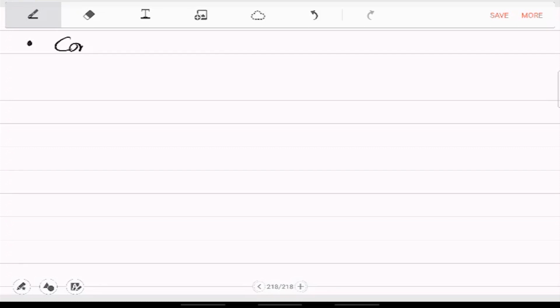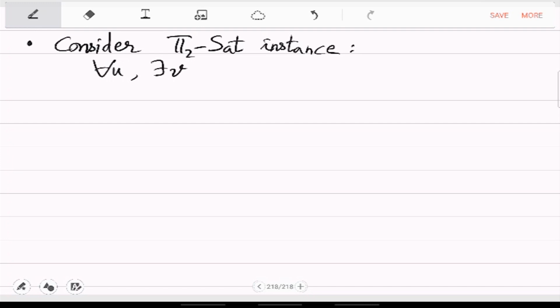So consider a pi2 SAT instance: for all u, there exists v, phi(u, v).